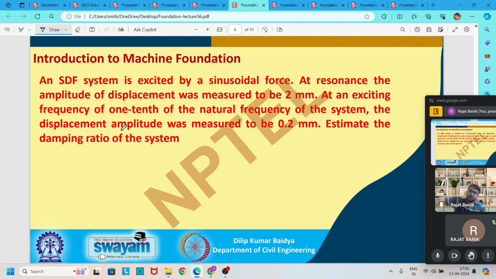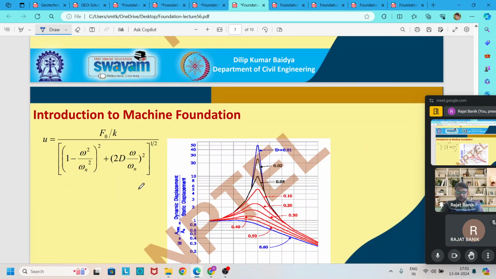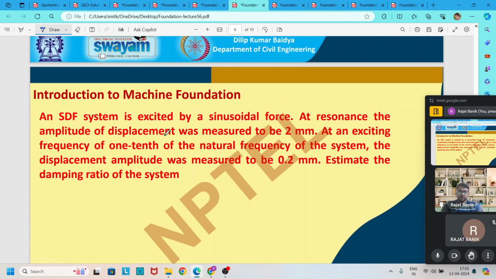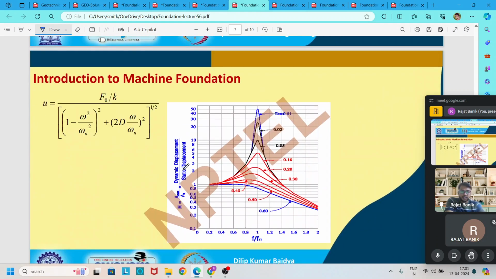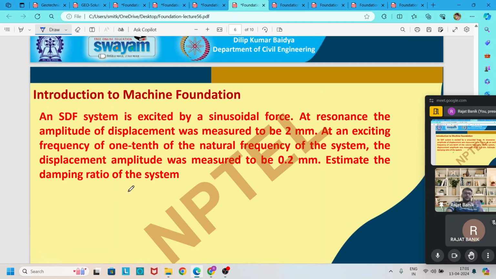Sorry, no, we don't use a constant force here. The same concept we use here also, but this is for the constant force system. So we see that for a constant force system at a lesser frequency ratio, its value is approaching towards 1. So first we dictate this question.